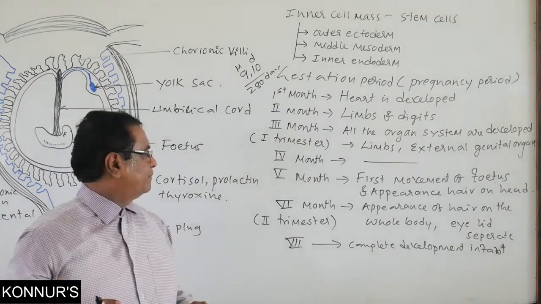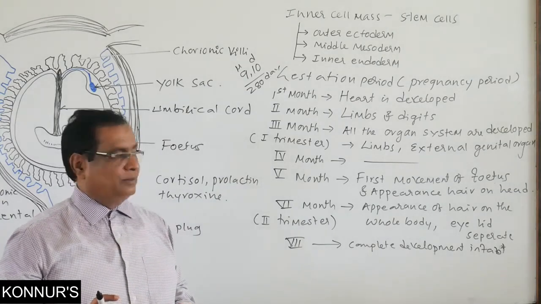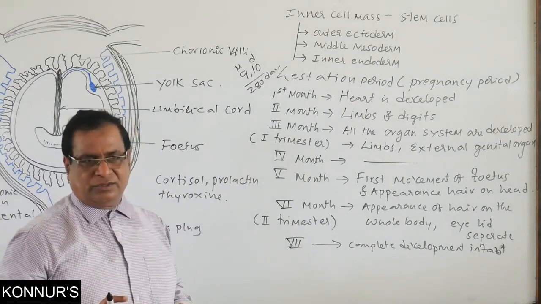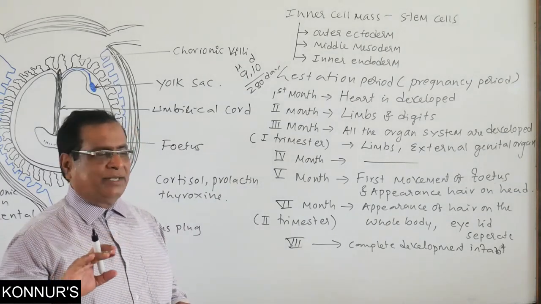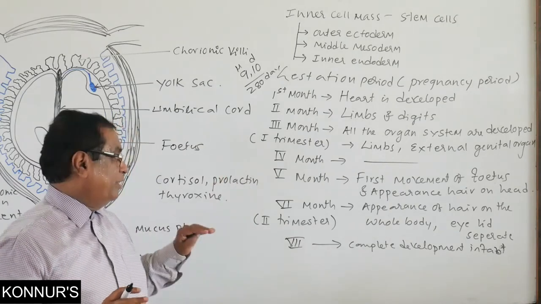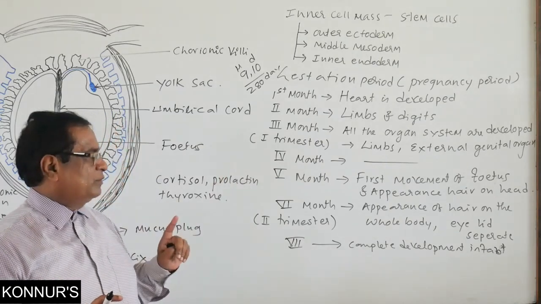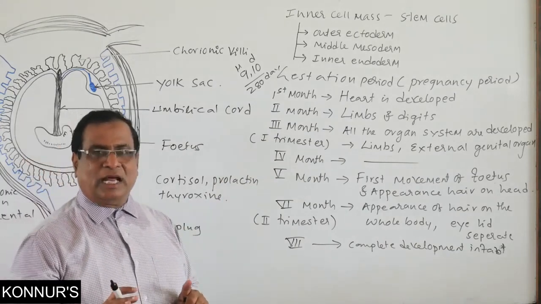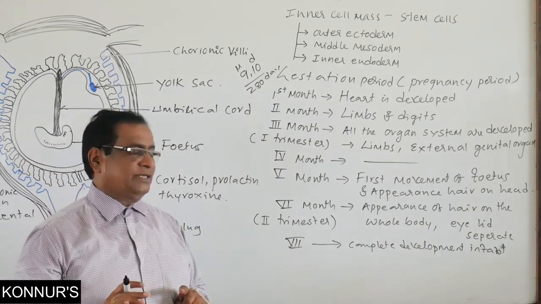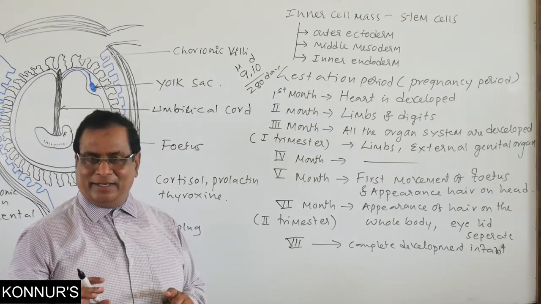In the 4th month, not much development is observed, but in the 5th month the first movement of the fetus starts and hair appears on the head.